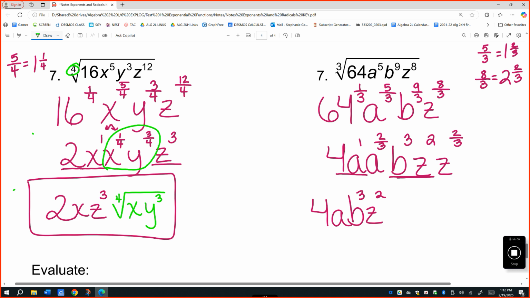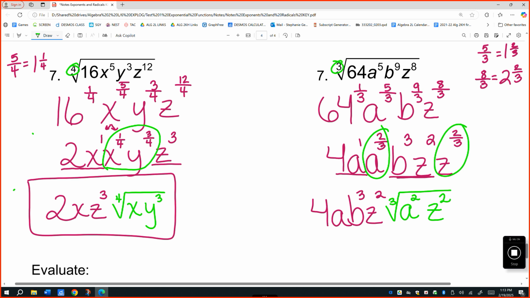And then everything else that has a fraction exponent, so this one and this one, they get stuck back under the cube root. So now I'm going to write cube root. And what goes under the cube root? A to the power of 2 and z to the power of 2.